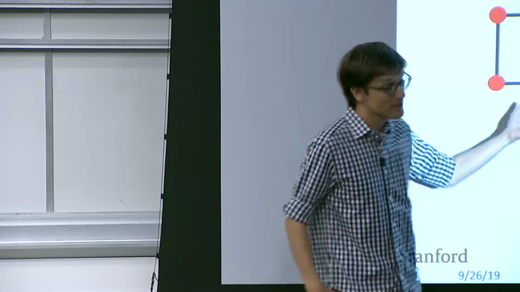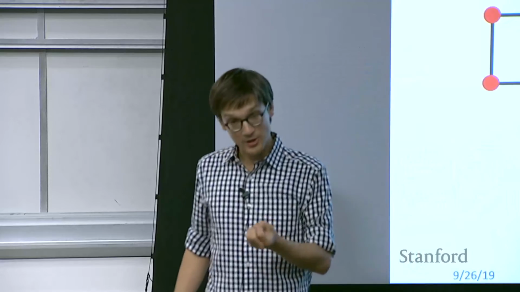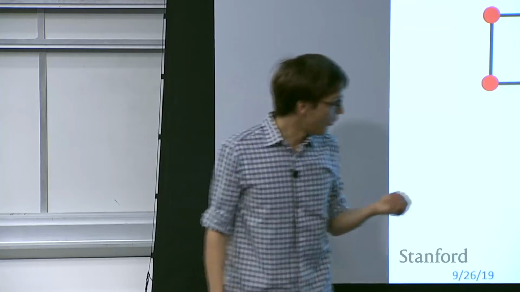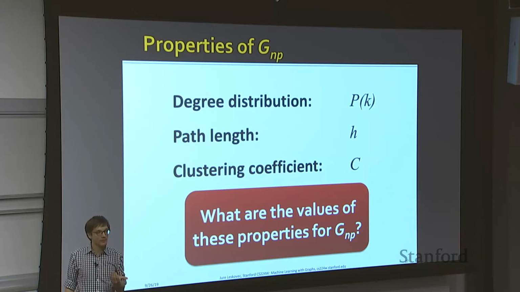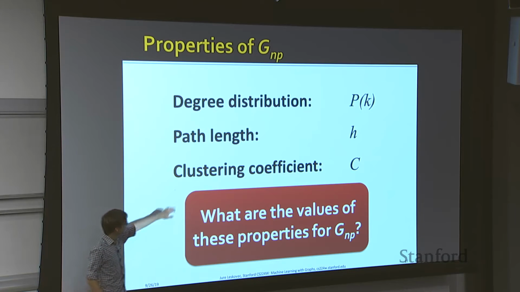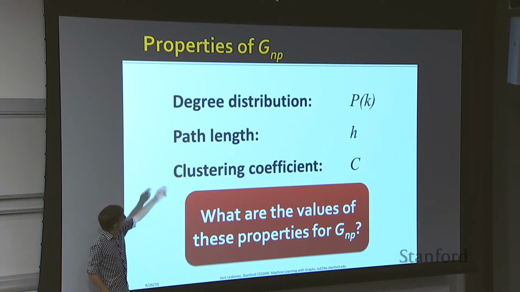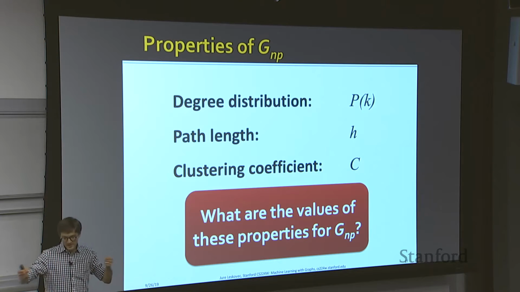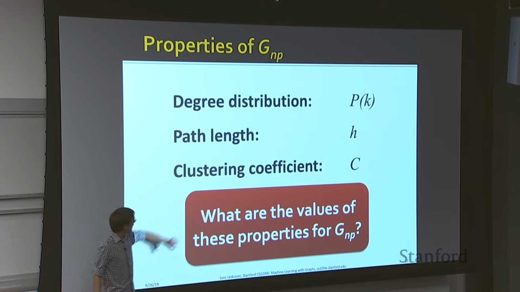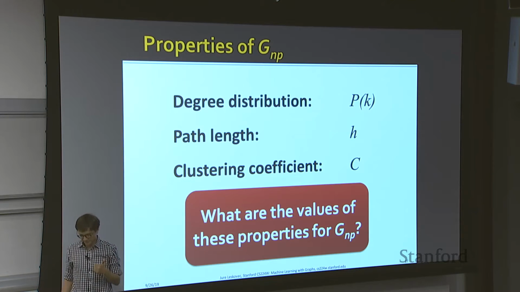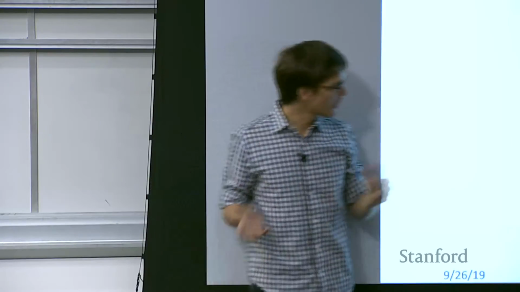The important thing is that this graph model is so simple that you can actually analyze it and prove what kind of properties these graphs will have. You can analyze what the degree distribution will look like, what the clustering coefficient will be, whether the graph will be connected, and what the shortest path length will be. I will show you these values now, and if you are interested in more, I can point you to the actual proofs. I won't be doing actual proofs, even though they're quite simple.